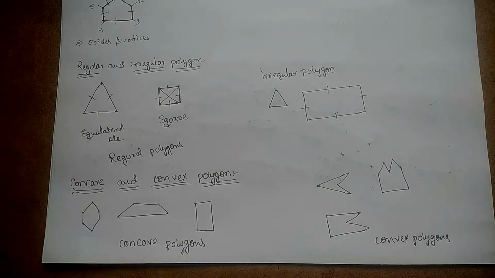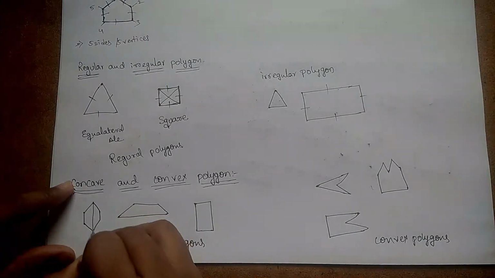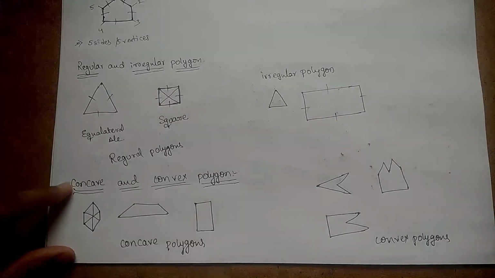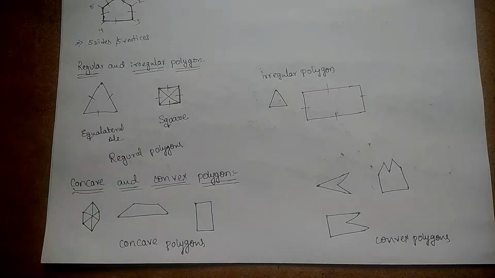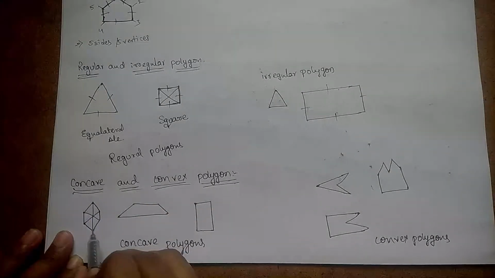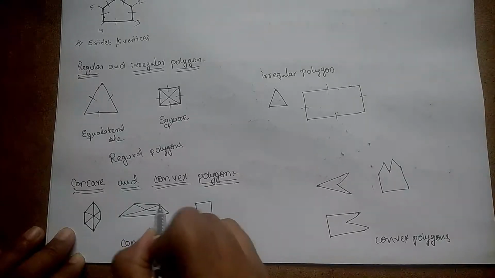Apart from vertices, if you draw a diagonal in a concave polygon, see, I am drawing a diagonal in its interior. A diagonal is nothing but a line joining non-adjacent vertices. So this is one vertex and this is also one vertex. I am drawing like this. If you draw for the trapezium, here also is one diagonal.